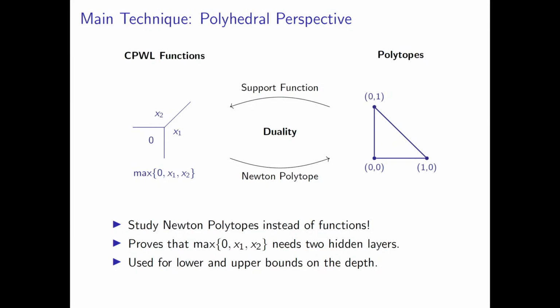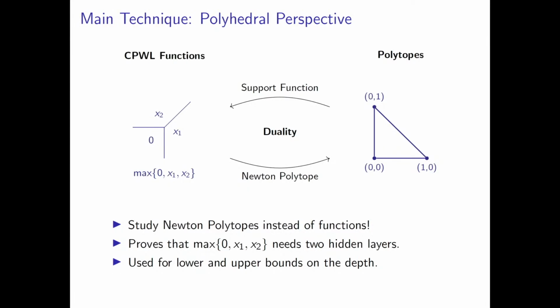So to convince you that this is really useful, I'm going to prove again the fact I proved to you earlier, which is that this function cannot be represented by a single hidden layer neural network. I'm not really going to prove it to you, but I will tell you how you could prove it in principle. Namely, if you look at the polytopes that are associated with neural networks with only one hidden layer, they will always be centrally symmetric.